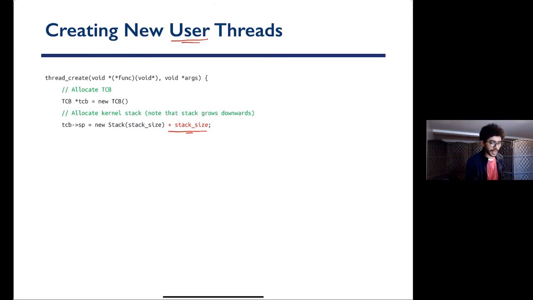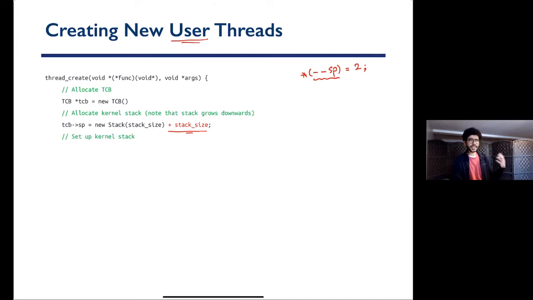Whenever you want to write to a stack, say you want to write a number, you do *--sp = 2. So the sp pointer is basically decreasing as the stack grows. That's why I'm adding this.